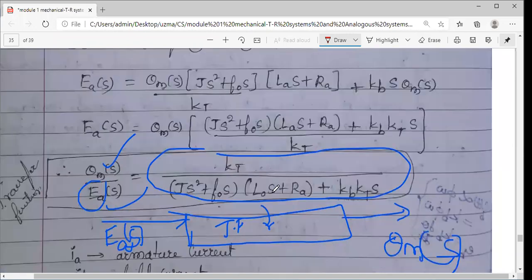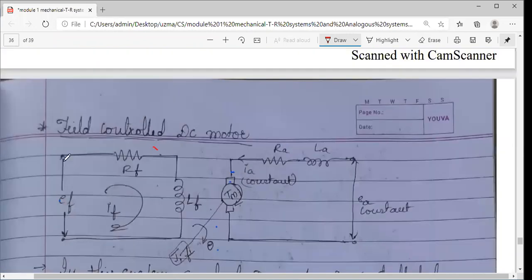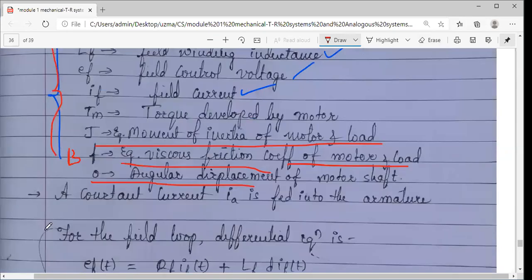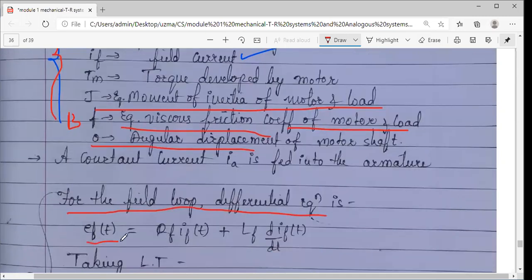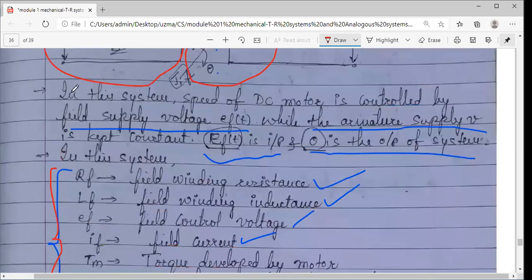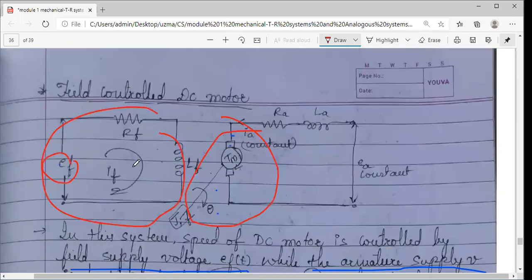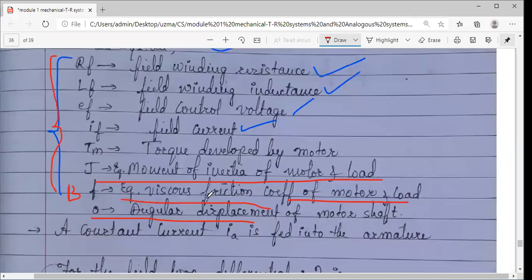We have two different sections here also. So we have this part, the circuit, as well as this. So again, I'm going to do the same thing. I'm writing the differential equation for the first loop, that is the field loop. So what is it? EF is equal to RF IF plus LF d by dt of IF.